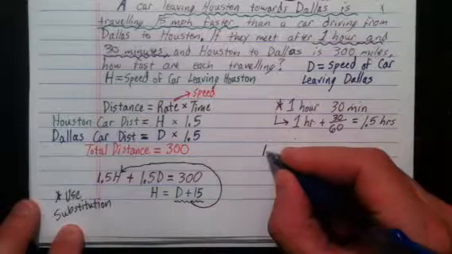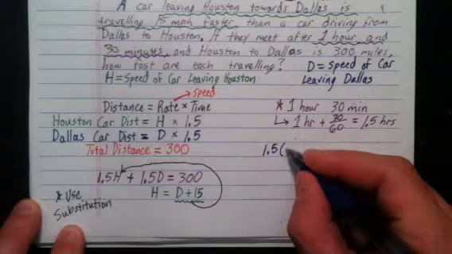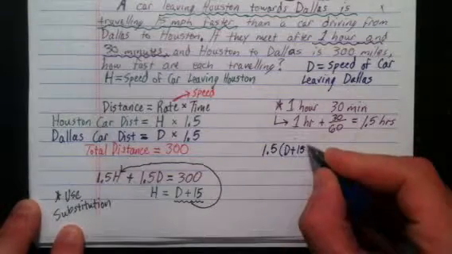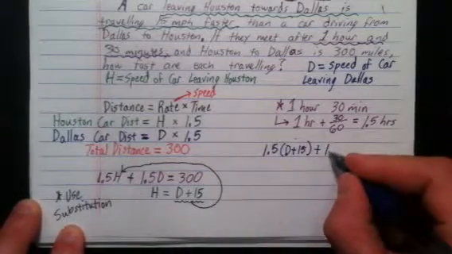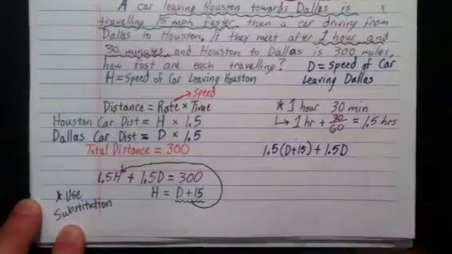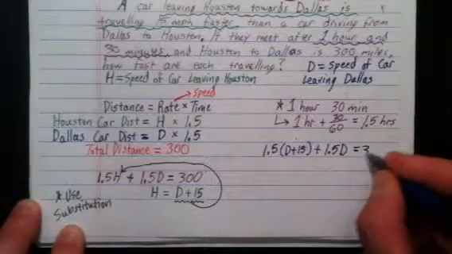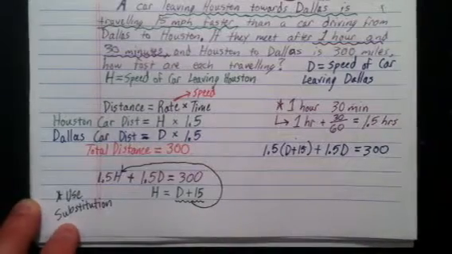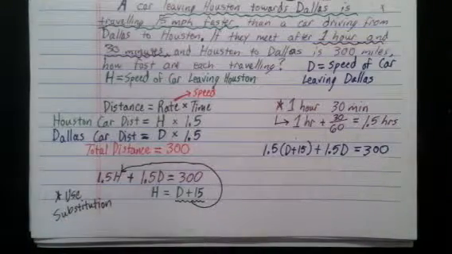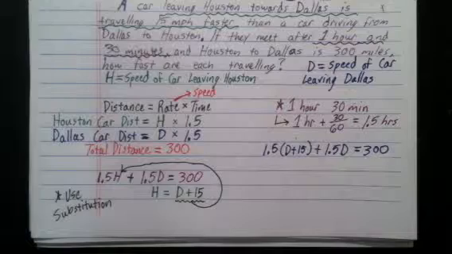We have 1.5 times h, but we're replacing h with d plus 15, plus 1.5d from the original equation, and then equals 300. Now we have an equation that only involves the variable d. We can solve this for d.